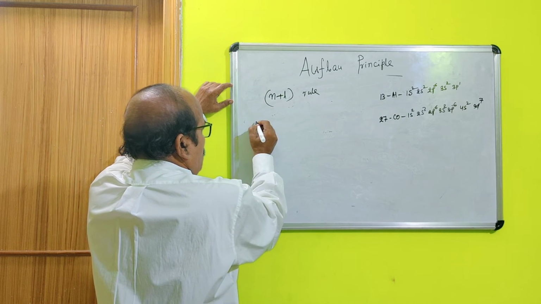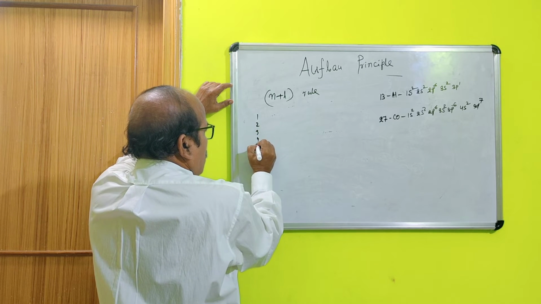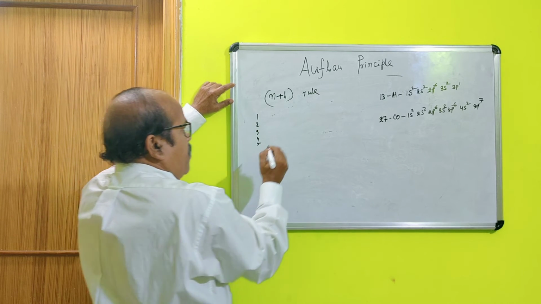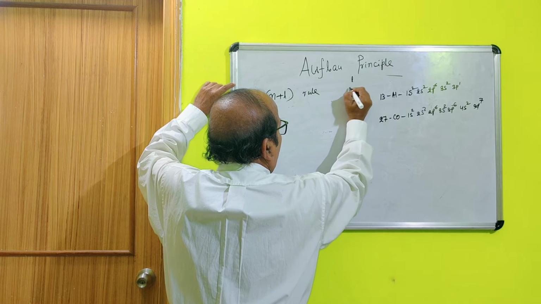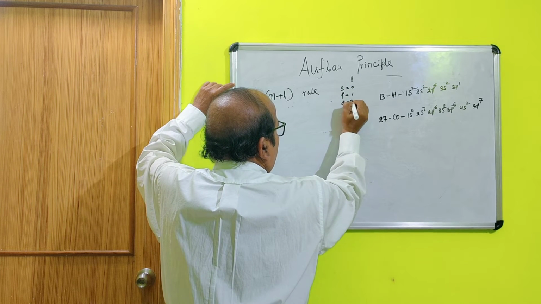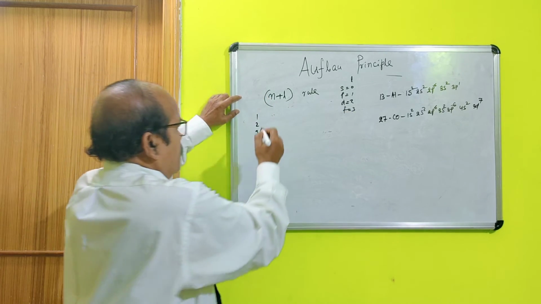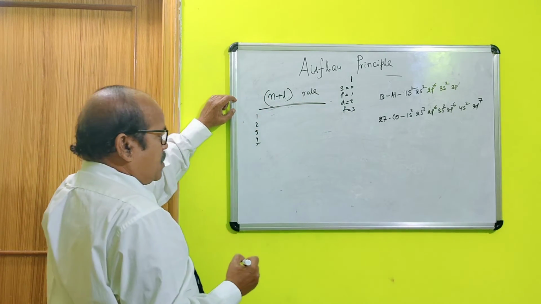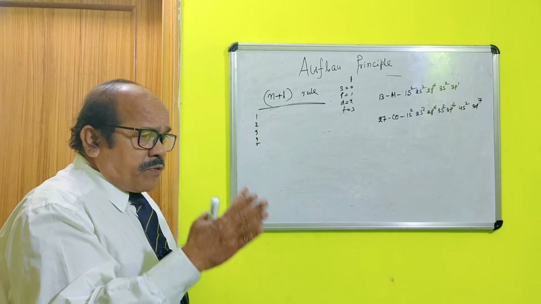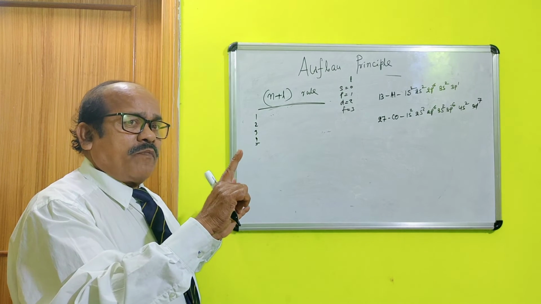Principal quantum number, for 1, 2, 3, 4, it's given. Now for L value, S is equal to 0, P is equal to 1, D is equal to 2, F is equal to 3. Now this N plus L value says, where the less value is there, electrons will go to that place.